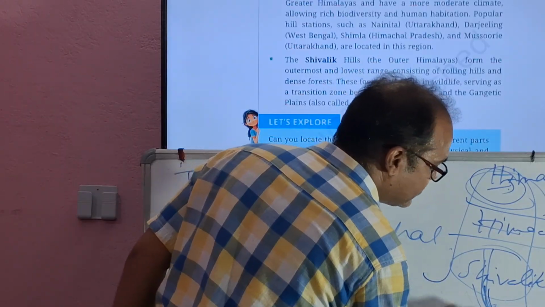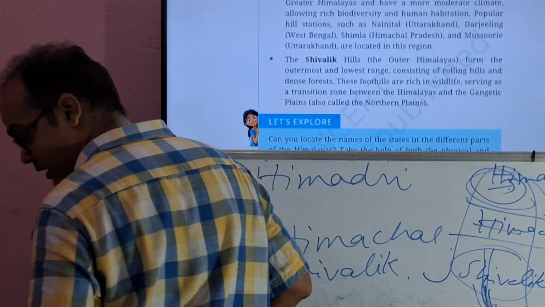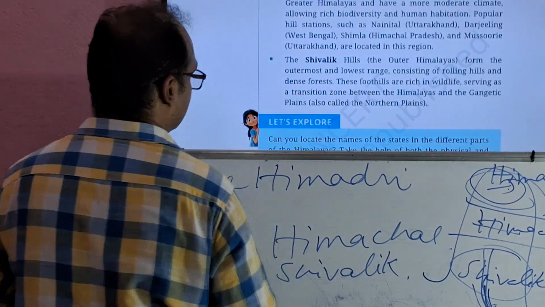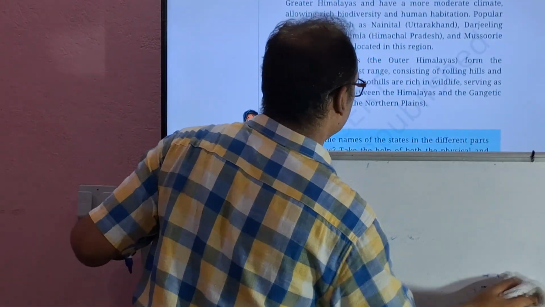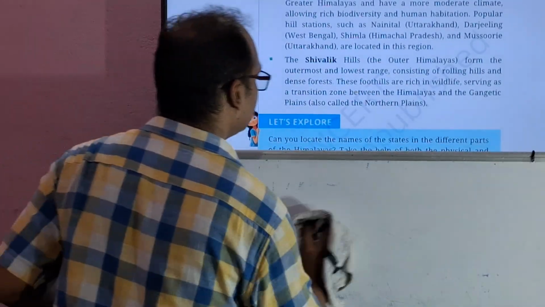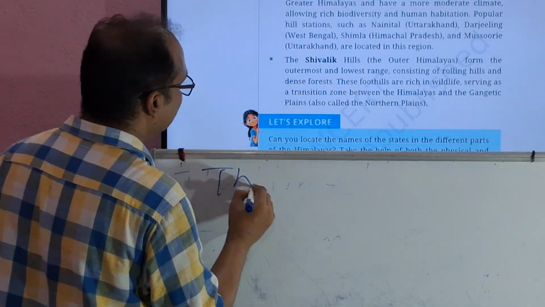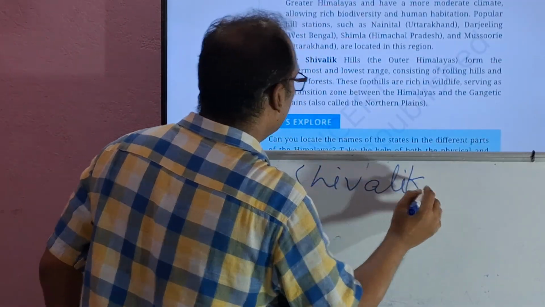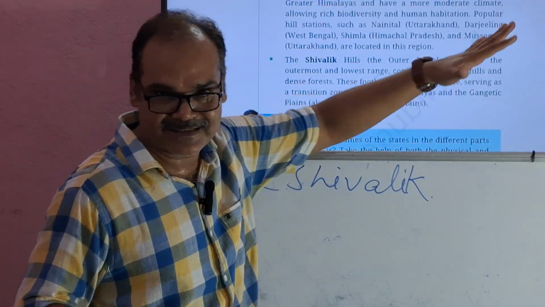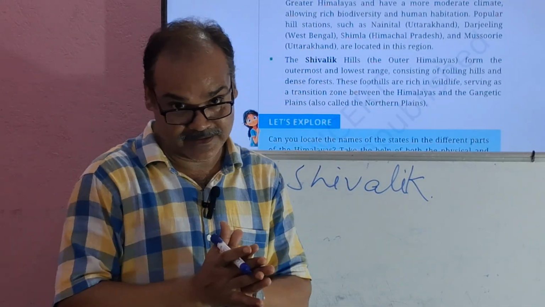The question may come that which Himalaya is known as the transition zone. So the answer will be the Shivalik. It is the transition zone between the Himalayas and the Gangetic plains, which is also called northern plains, right?